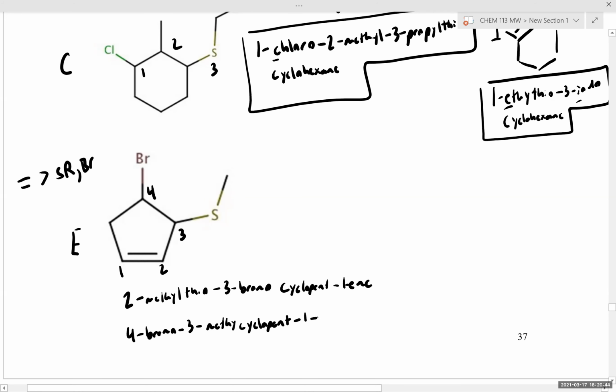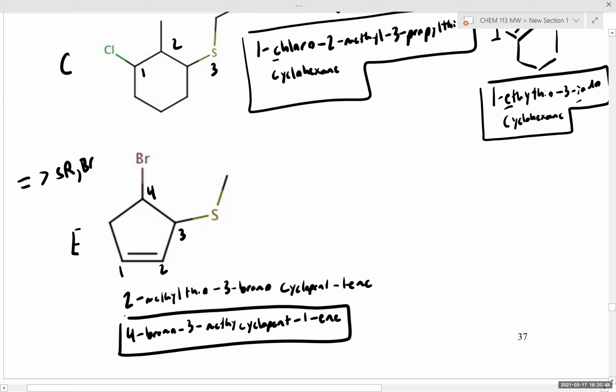So this would be 4-bromo, 3-methyl, cyclopent, 1-ene. But the logic behind your locant numbers was perfectly reasonable. You just need to make sure that when you're providing and numbering alkenes, that you count through the alkene.